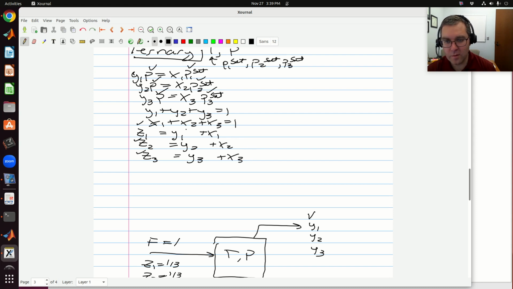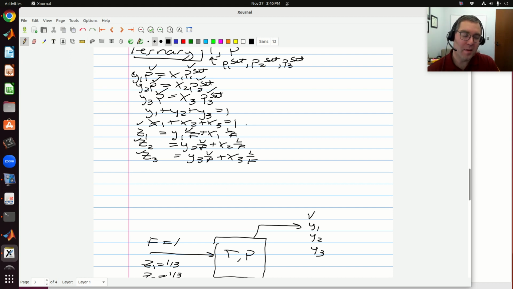So this becomes V over F, V over F, V over F, L over F, L over F, L over F. I could take V over F to be a variable, the fraction vapor, and L over F to be a variable, the fraction liquid, and I could just directly solve for those ratios.